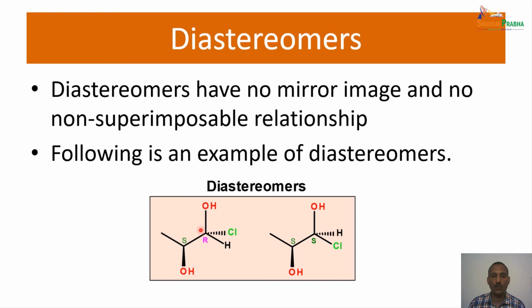In the first compound we have an R configuration in one stereogenic center and an S configuration in the other. But in the second compound we have the same S configuration in one stereogenic center, whereas the other stereogenic center has the opposite configuration. So that means the SR isomer and the SS isomer are called diastereomers.